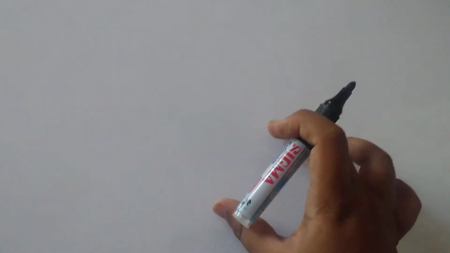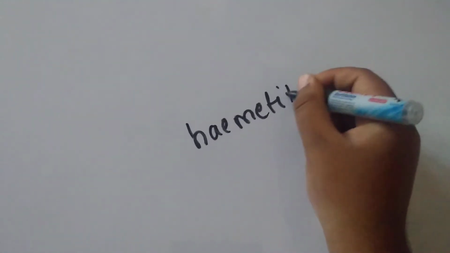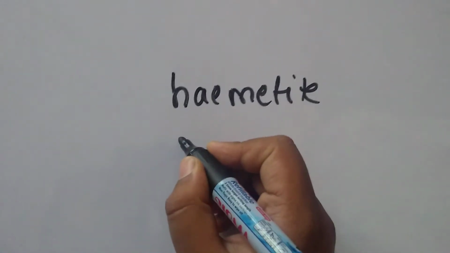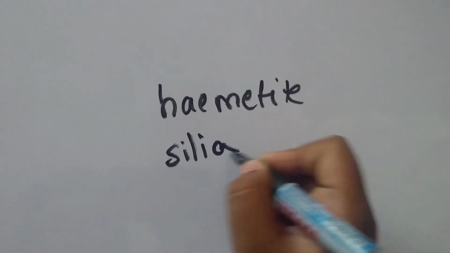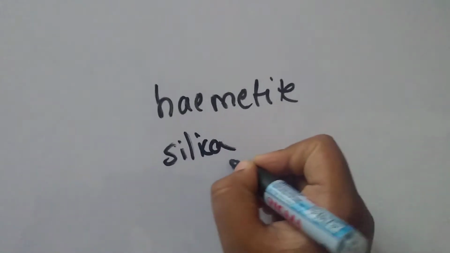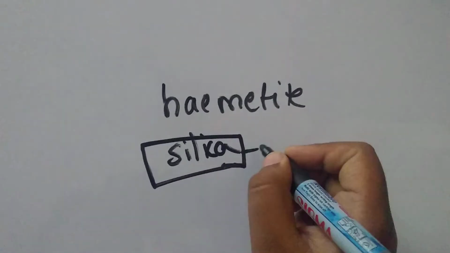Then the washed ore present is a mixture of hematite and silica. Silica is an impurity. It's nothing but sand.